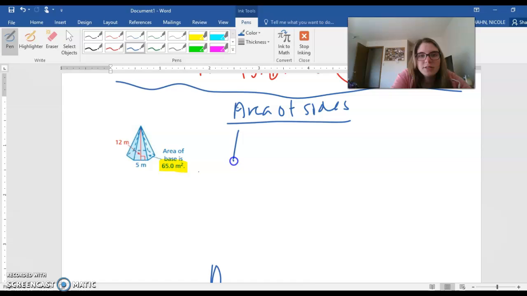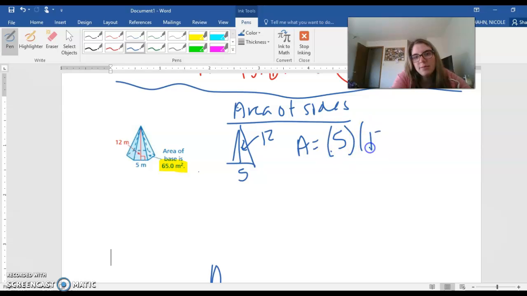So if I draw my triangle, its height is 12 and its base is 5. So I have area equals 0.5 times 12 times 5. When I multiply those 3 things, I should get 30.